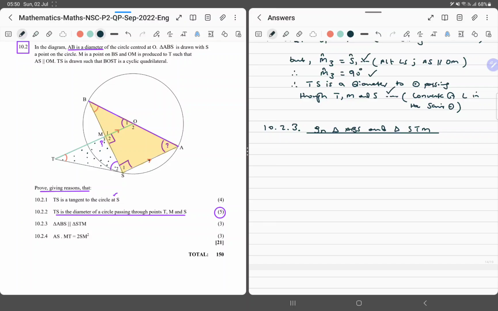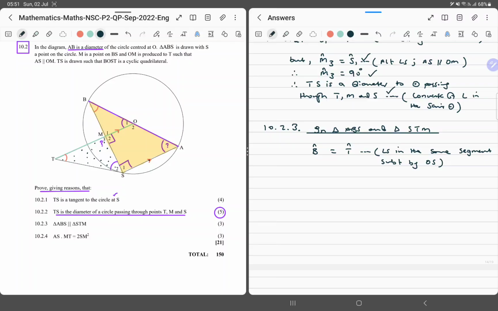So now let's see, what do we know? We know that angle B in ABS is definitely equal to angle T in the other triangle. These are angles in the same segment subtended by chord OS. Remember, we're told that BTSO is a cyclic quadrilateral.